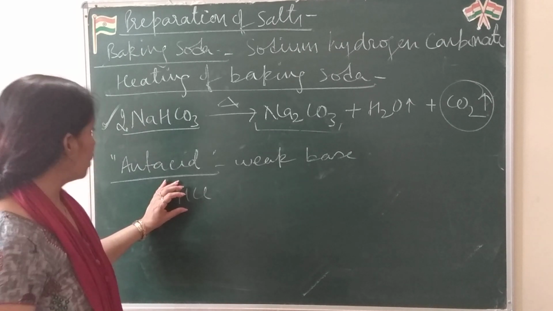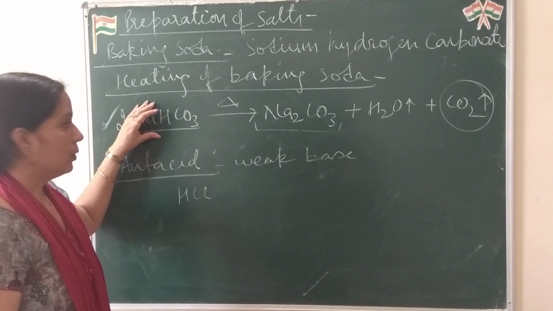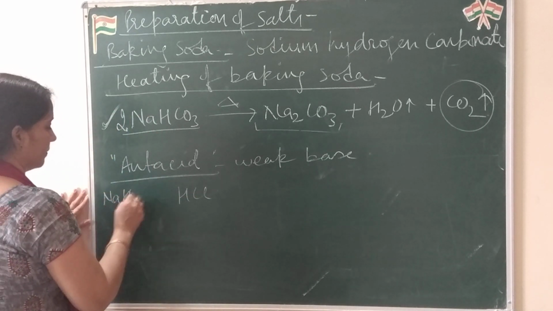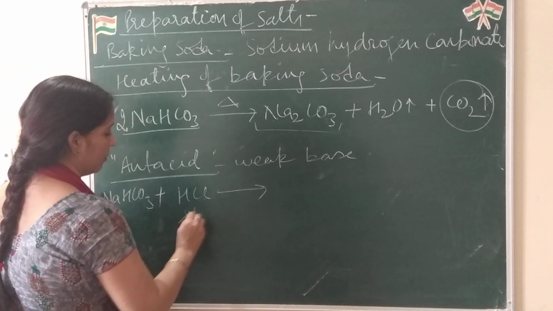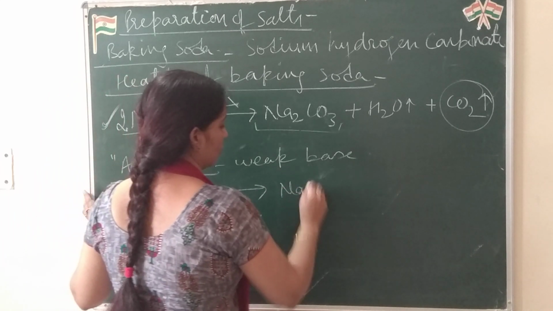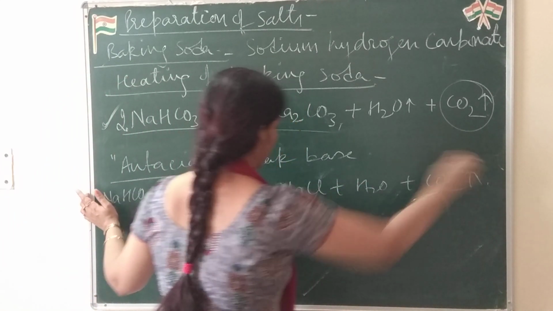So if you dissolve NaHCO3 in water and drink it, it will react with HCl in the stomach and form sodium chloride plus water plus CO2.